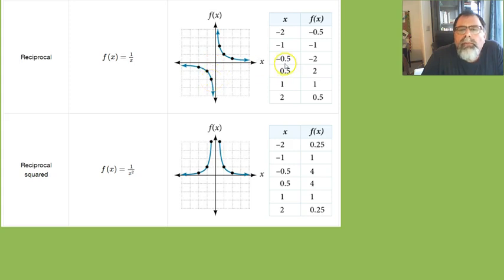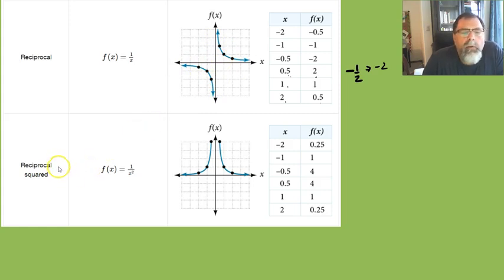Or if you think of it as -1/2, the reciprocal of that is -2. That's the other way to think of it. The same thing for 1/2: the reciprocal is 2. The reciprocal of 1 is 1. The reciprocal of 2 is 1/2, or 0.5. And you get this shape, which is called a hyperbola. So that's your reciprocal function.